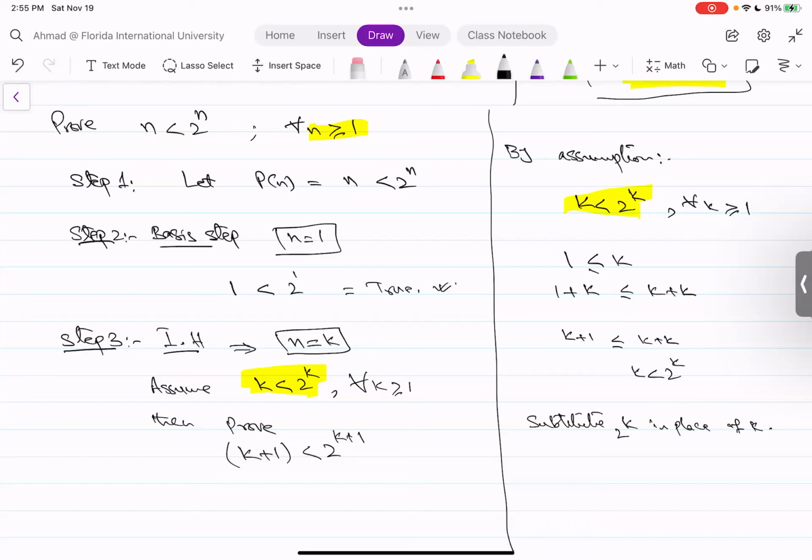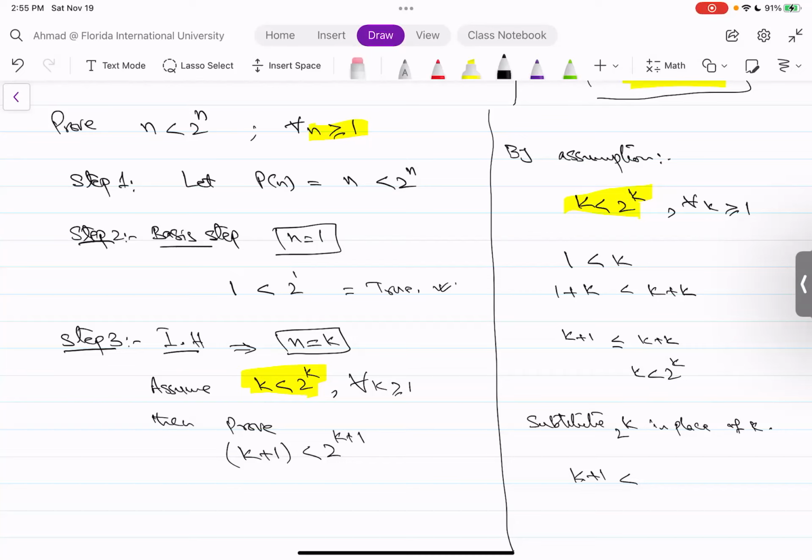So what I'm going to get is k plus 1 is less than, since 1 is less than k.